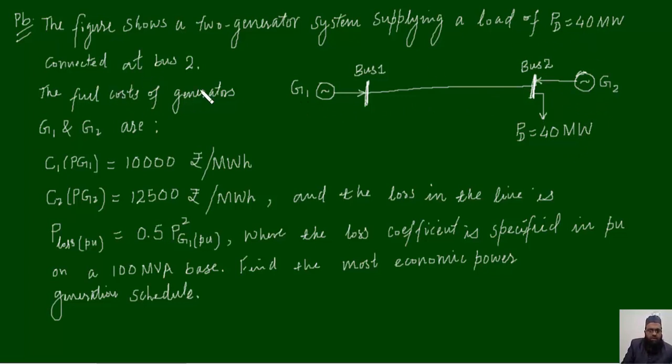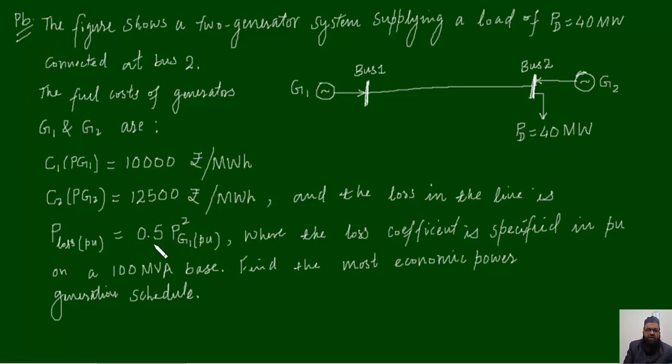The two generators are connected, this is bus 2, this is bus 1. The fuel costs of generators G1 and G2 respectively are C1 of PG1 equal to 10,000 rupees per megawatt hour and C2 of PG2 is 12,500 rupees per megawatt hour.